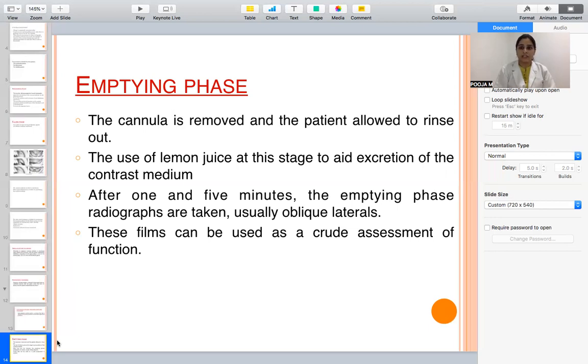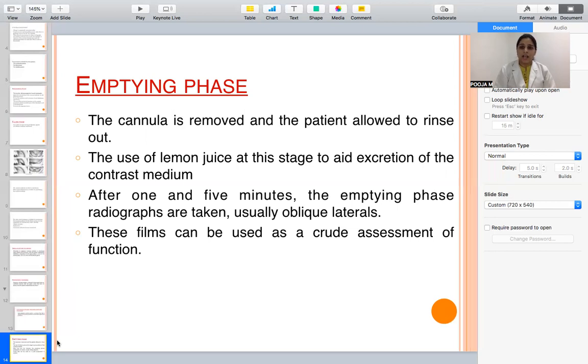Once salivary excretion is increased, the contrast medium tends to get excreted fast. With the help of lemon or a sialogogue, salivary excretion is increased, and the contrast medium will be coming out of the duct.